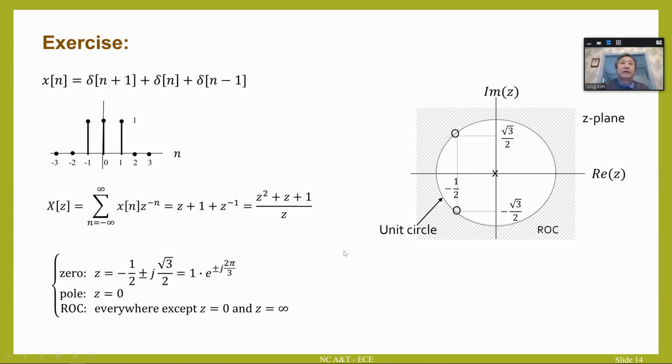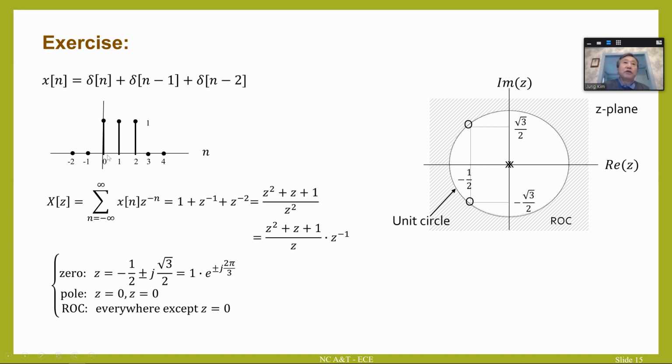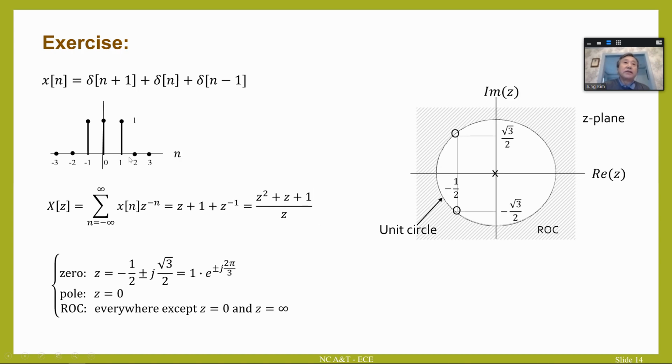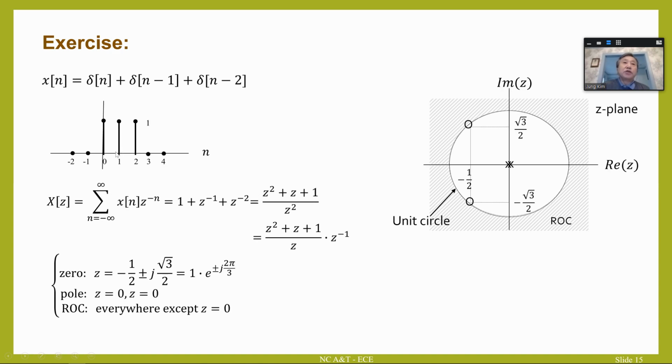Okay, and then this one is only shifted to the right by one, so multiplying by z to the minus one is very clear. That's the property of the time shift. If we directly calculate it, we have only three points.